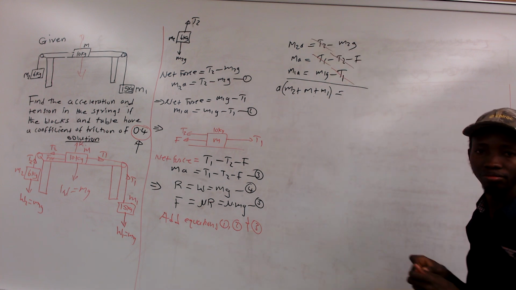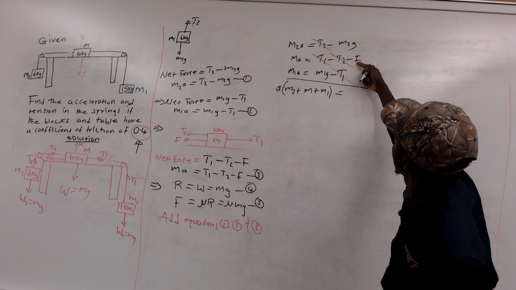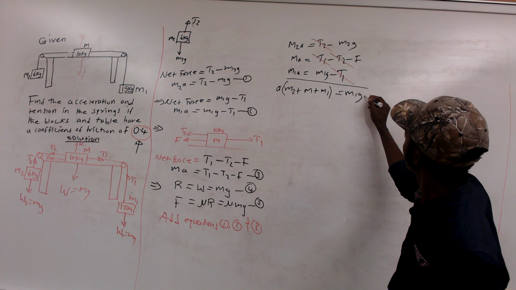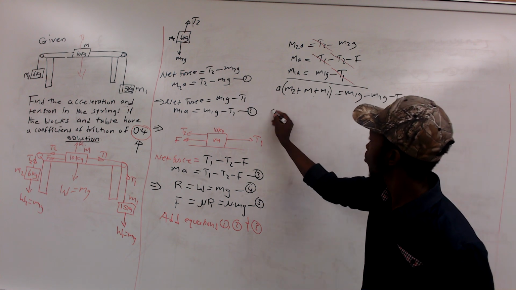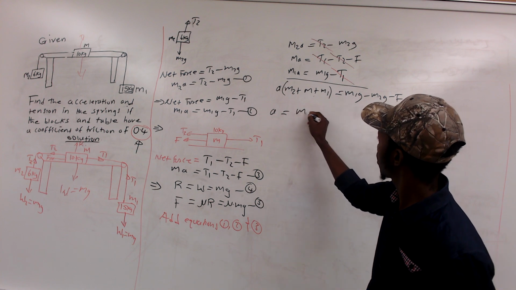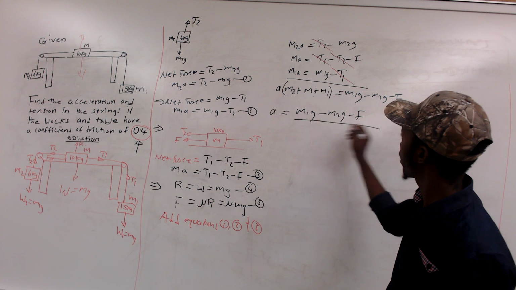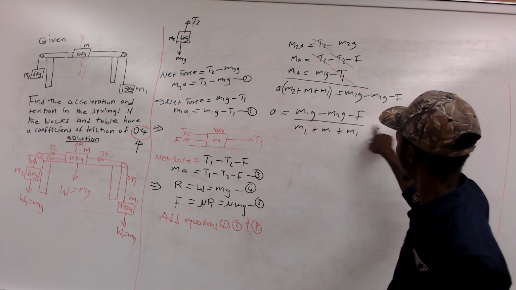So the terms that will remain are M1G minus M2G minus F. So making A the subject, it's going to be M1G minus M2G minus F, divided by M2 plus M plus M1. This is what we have.